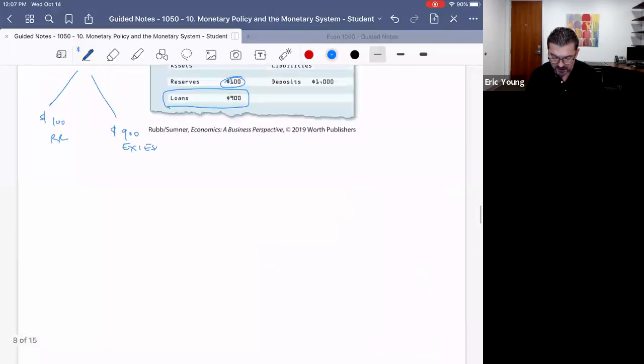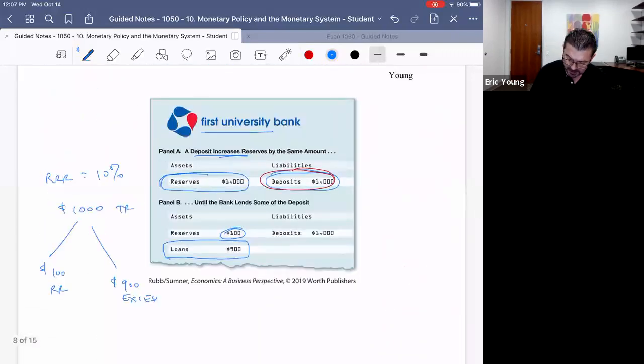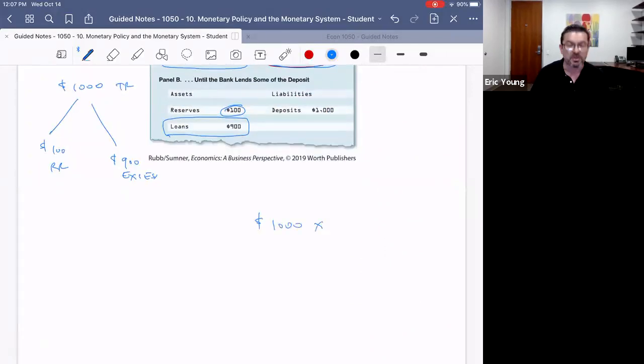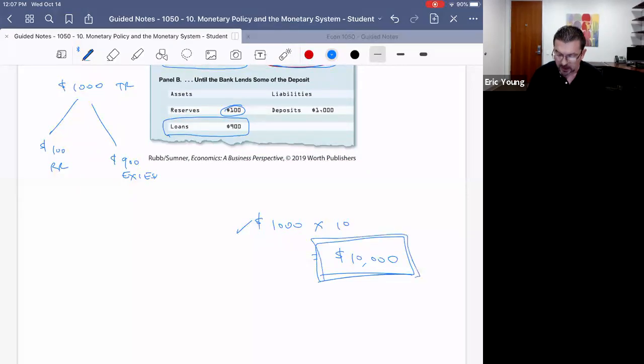If we go back up to our example here, this initial deposit of $1,000, we take the initial $1,000 deposit, we multiply it by the money multiplier of 10, and we would say that given a required reserve ratio of 10%, and therefore a money multiplier of 10, this initial $1,000 deposit will end up creating $10,000 of new money. It will increase the money supply, therefore, by $10,000.